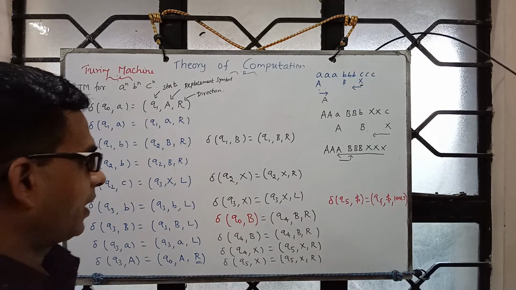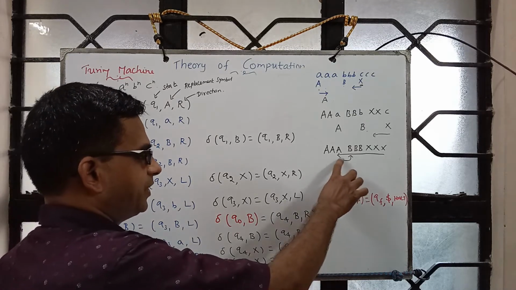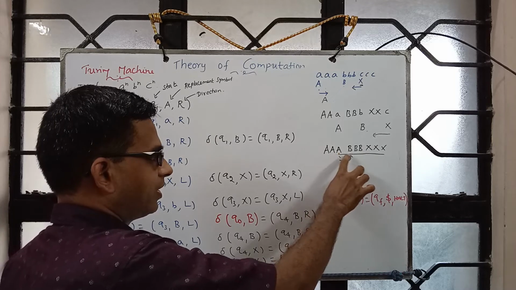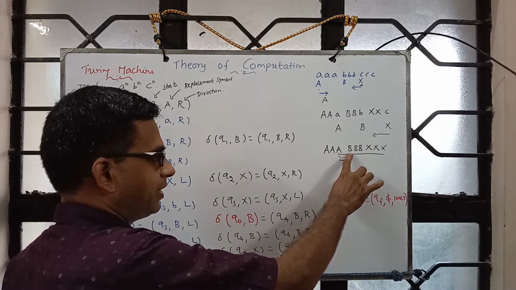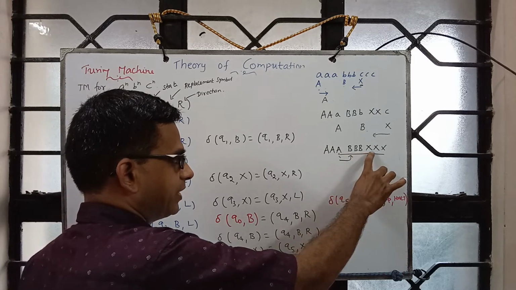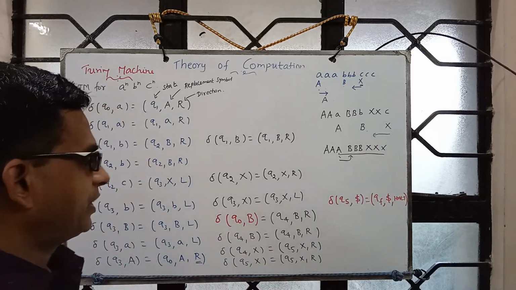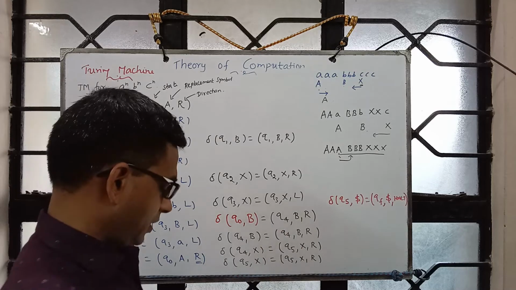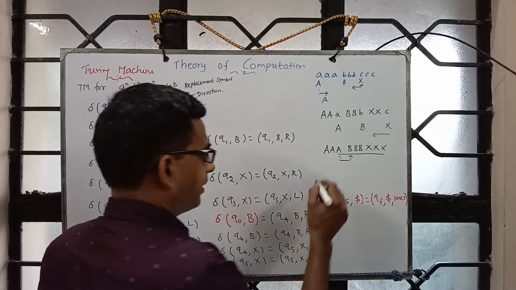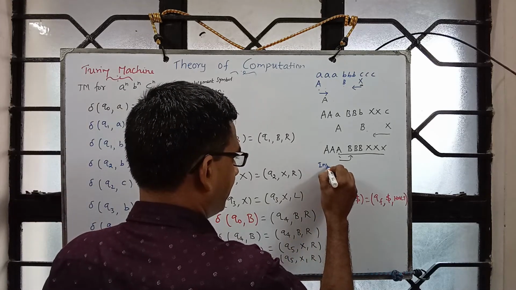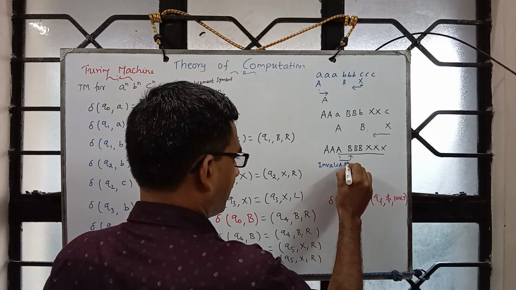Fine. It's a valid input, which means after exhausting A, now I am seeing capital B. Let me scan all of this to see whether I see a dollar. Why should I scan all of this? It may so happen that it is an invalid input.